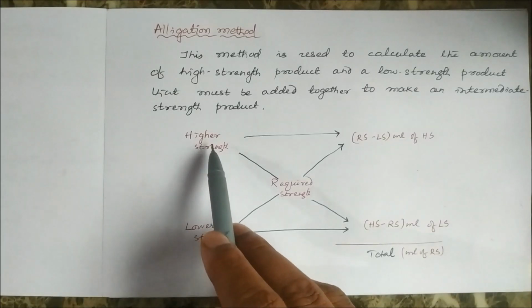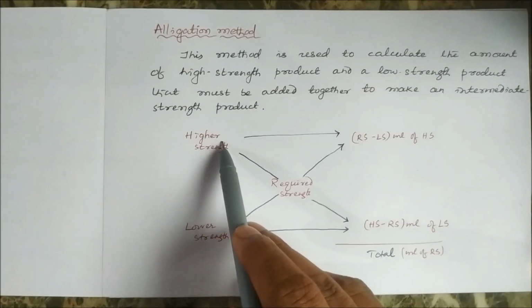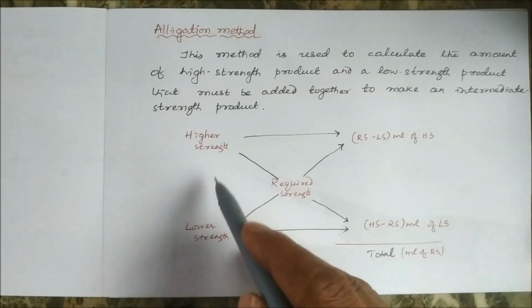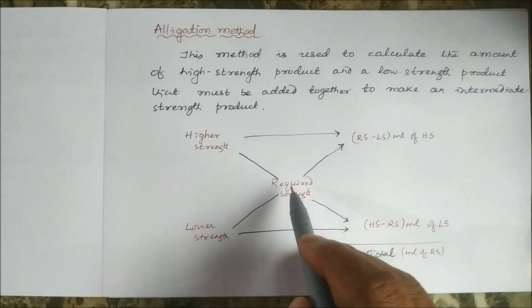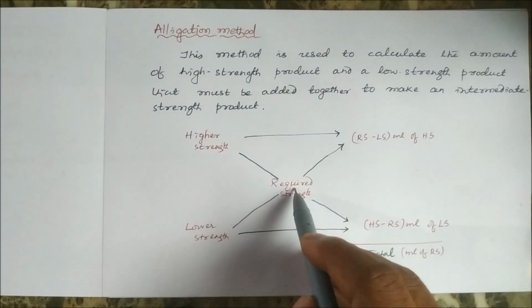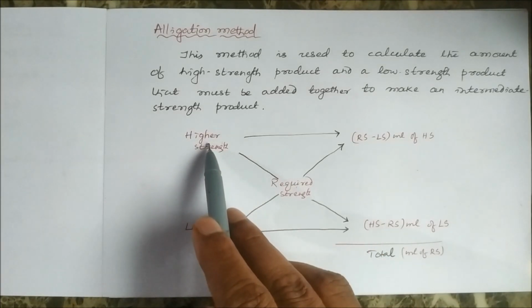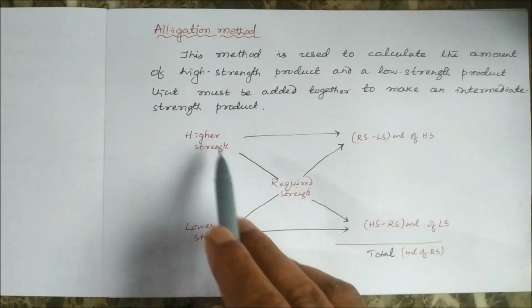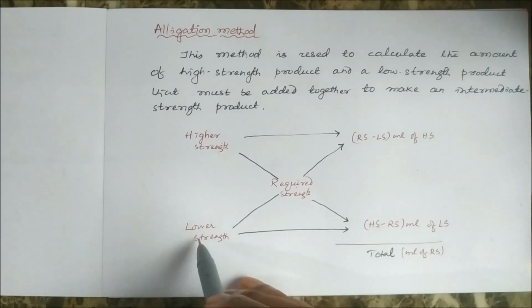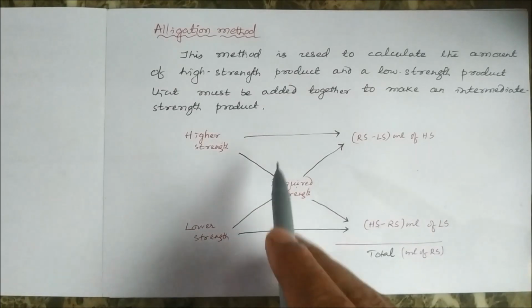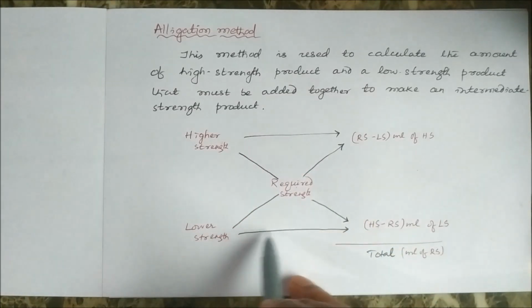What we will do is write the higher strength here, and below we will write the lower strength. In between we will write the required strength. Then we will subtract the required strength from the higher strength, and we will subtract the lower strength from the required strength. Now this arrow you can see.